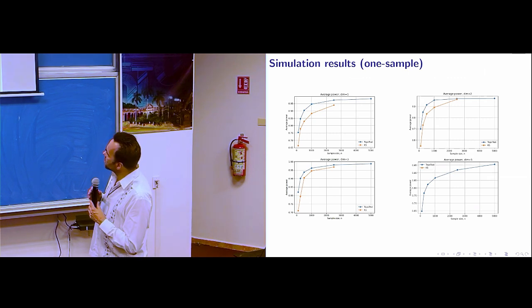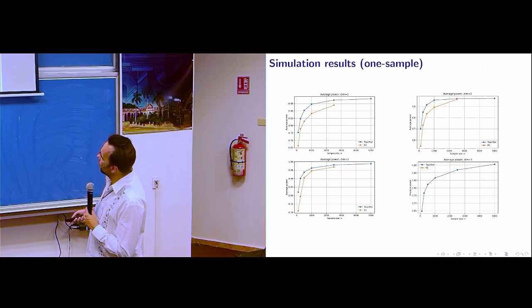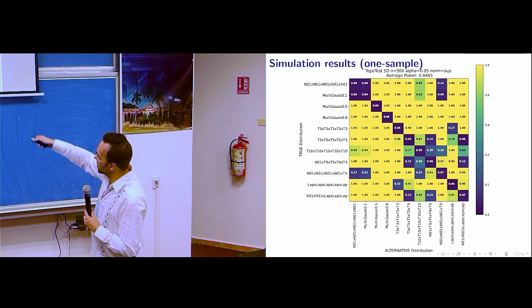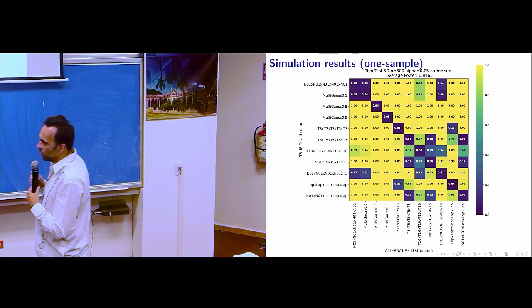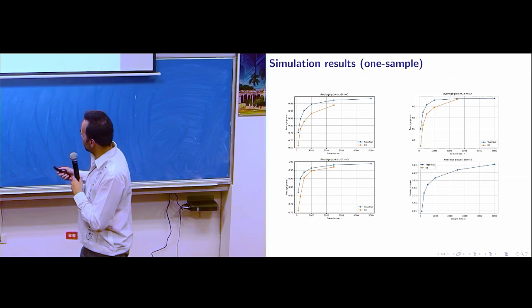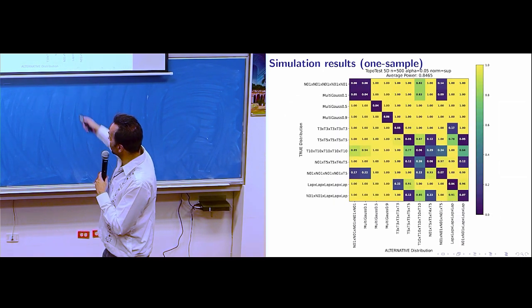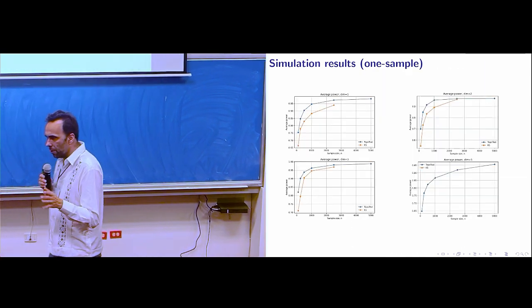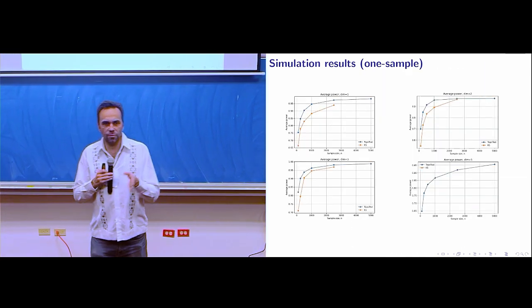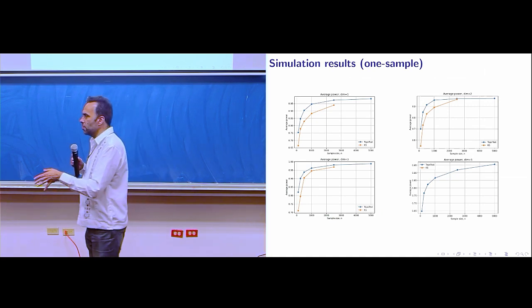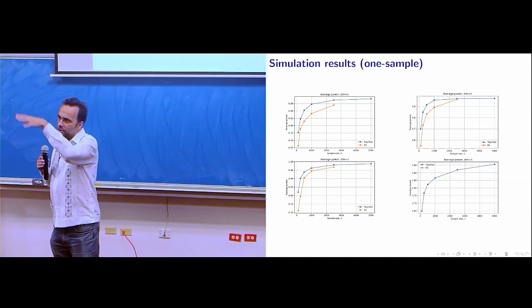Over here, that's another type of comparison. We fix one of the distributions and one of the alternative distributions. We start to compare them, showing the test more and more points. What you expect is that with more points, the power of the test should not go down.